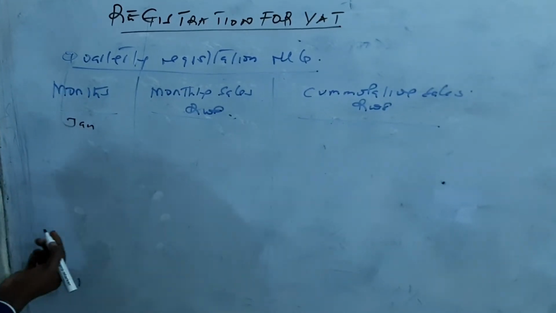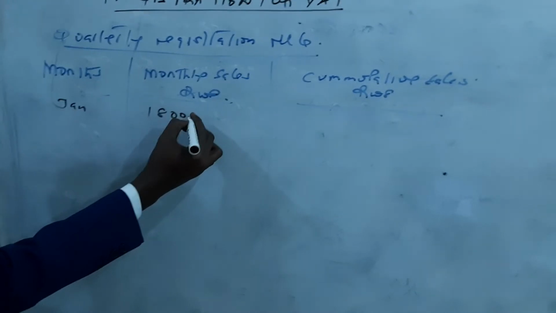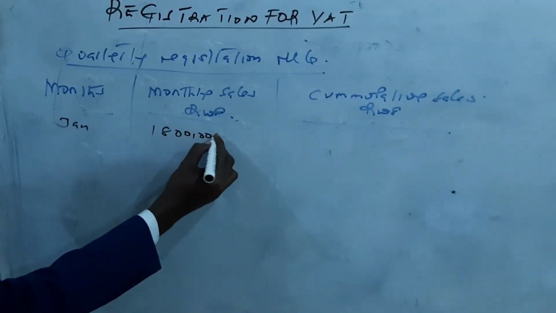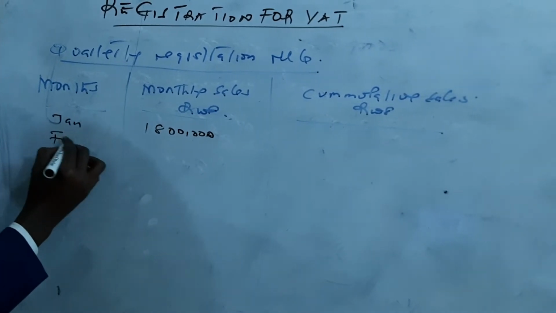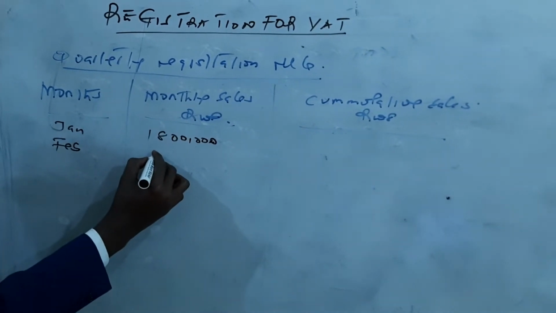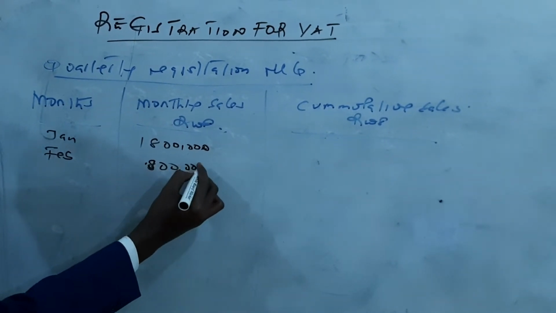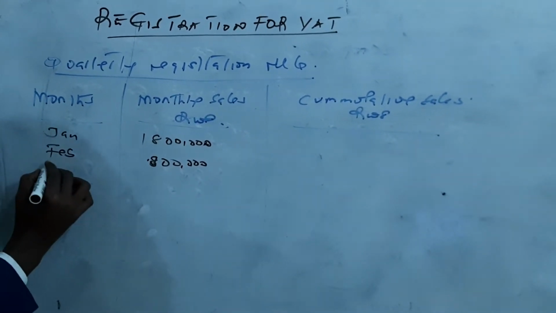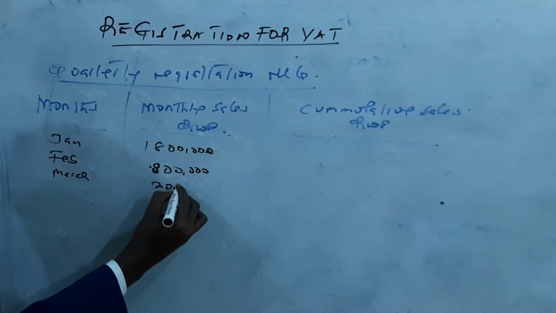Let us see, January, the monthly sales were 1.8 million. February it was 800. March was 2 million.